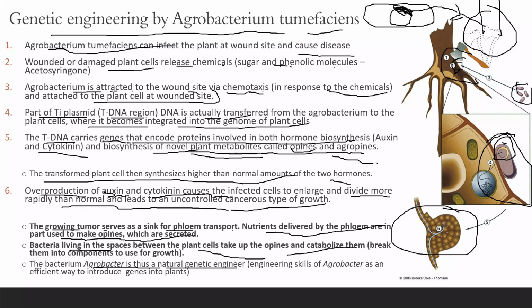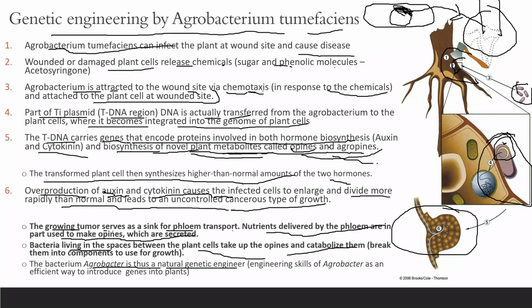The T-DNA of the Ti plasmid of Agrobacterium gets transferred to the plants, and thereby the activity moves on. The T-DNA encodes proteins such as auxins and cytokinins, involved in hormone biosynthesis, as well as biosynthesis of novel plant metabolites such as opines and agropines.